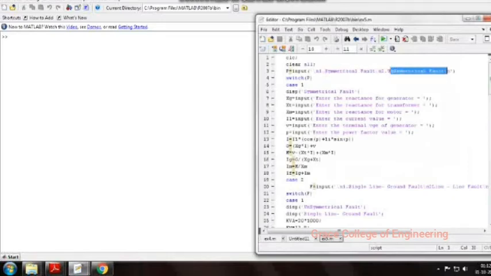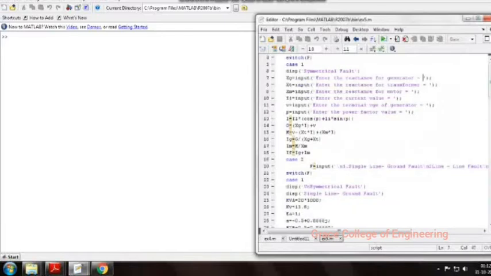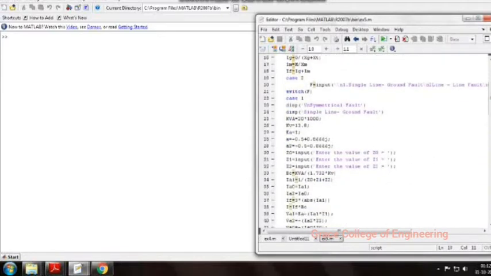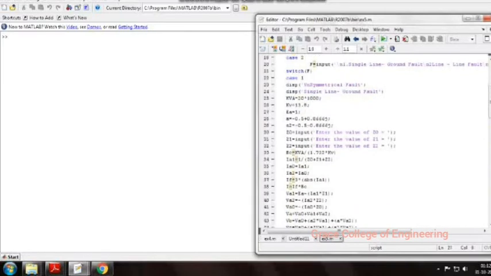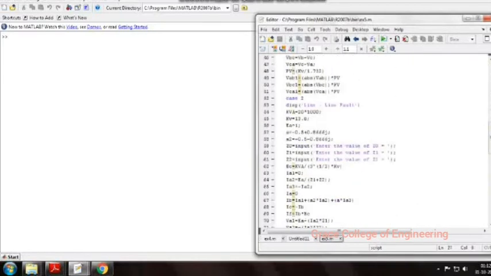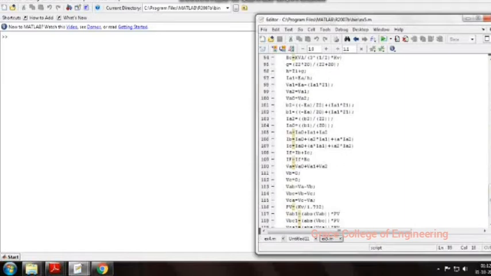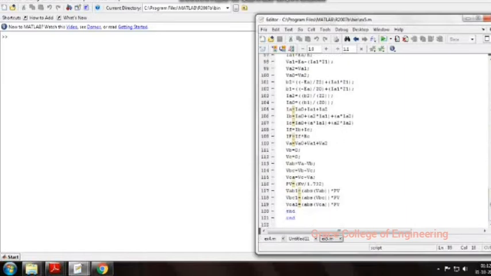Here for different types of fault, symmetrical and unsymmetrical fault, I have given input. For symmetrical fault, we have to type all the input values given in the problem. And for unsymmetrical fault also, there are different types: single line to ground, line to line and double line to ground. For each and every type, there will be different formulas and output values we can obtain.